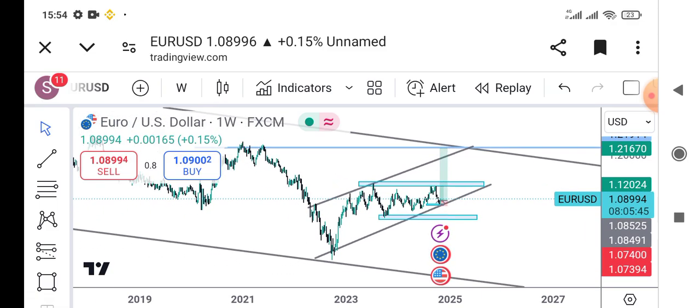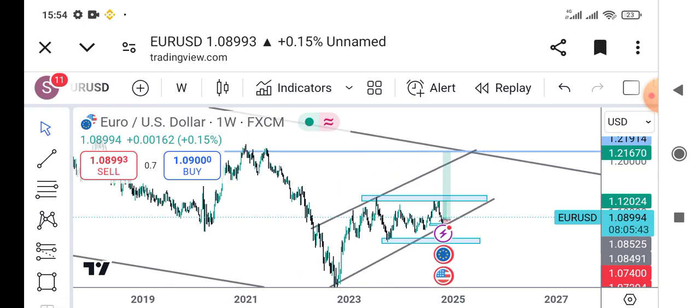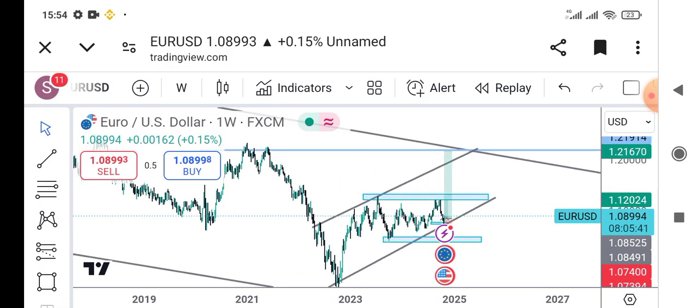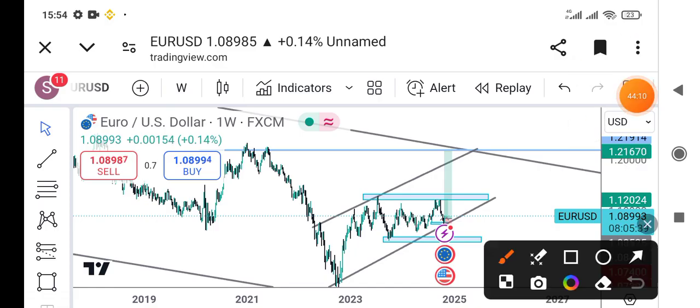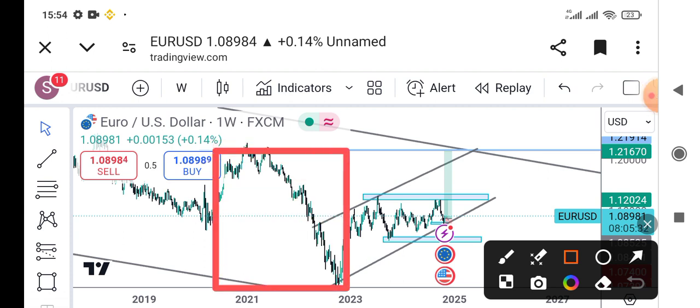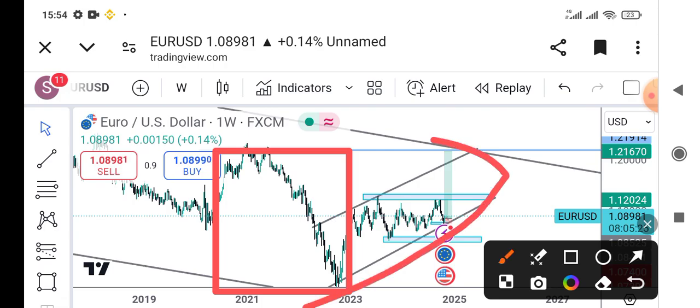Like now, in this part I was able to identify the impulse, which is this section. Then our correction is this part, where we are correcting this market.